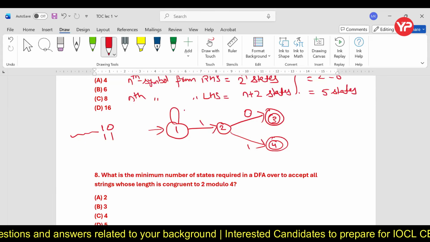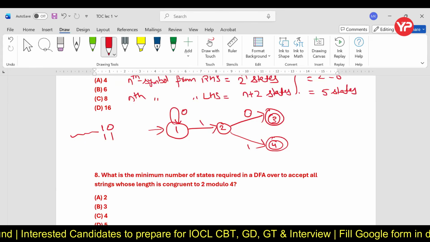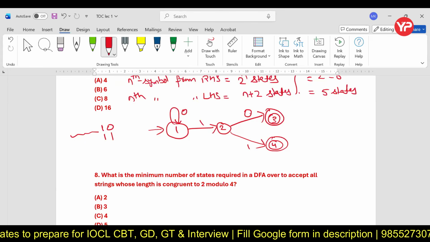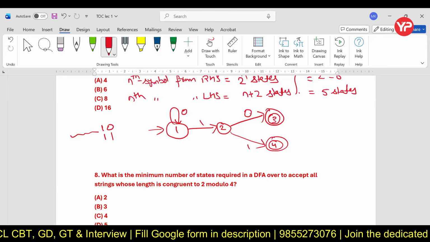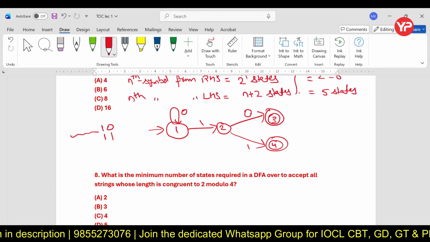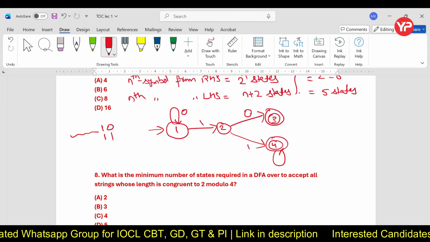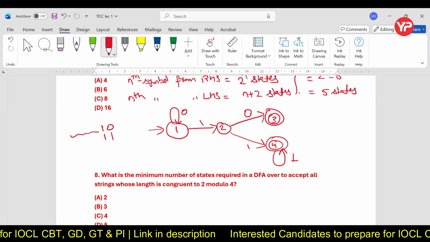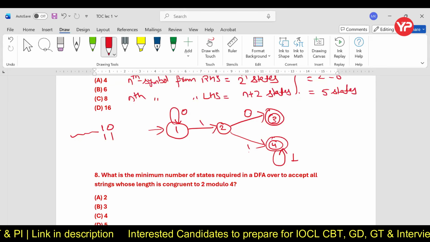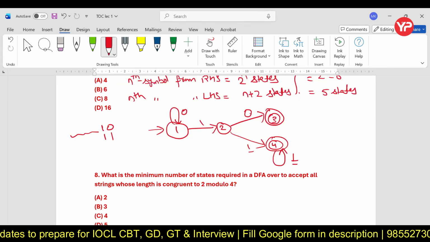Now see, before that if any 0 came, don't bother about that. Now listen carefully. If here any number of 1s came, don't bother about that. Because in that case, either this one is the second symbol from RHS or this one itself is the second symbol from RHS.